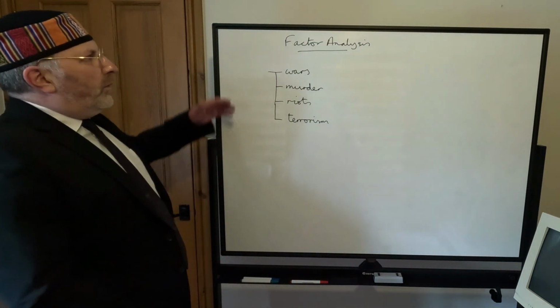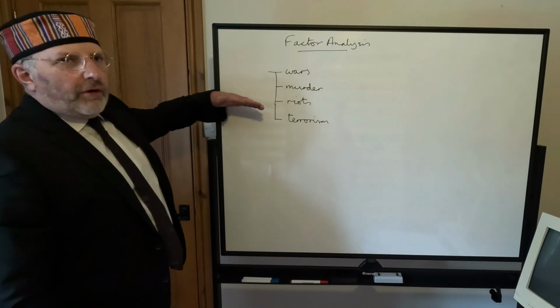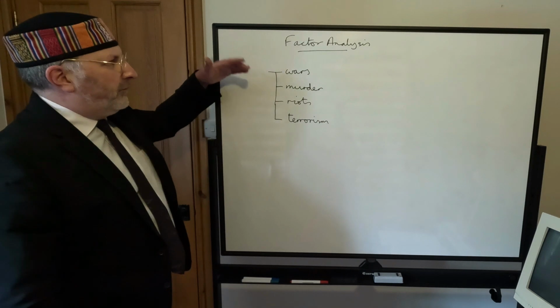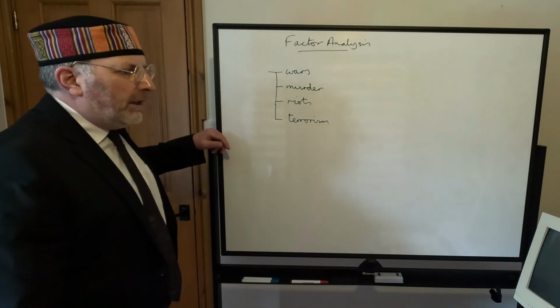And so we'll take a lot of societies and we'll score them in terms of where they are on each of these variables, the amount of war, the amount of murder, etc.